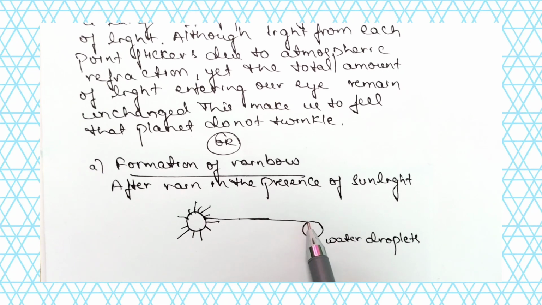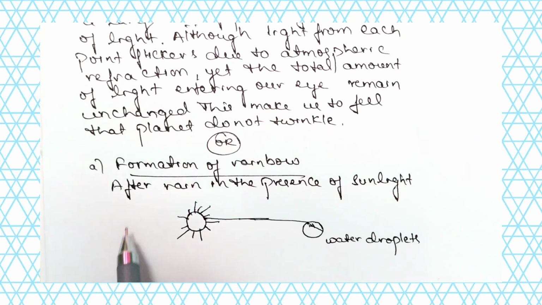so at the beginning when the light enters from one medium to another, from air medium it is entering into water medium, the light will get bent, that means refraction will take place.